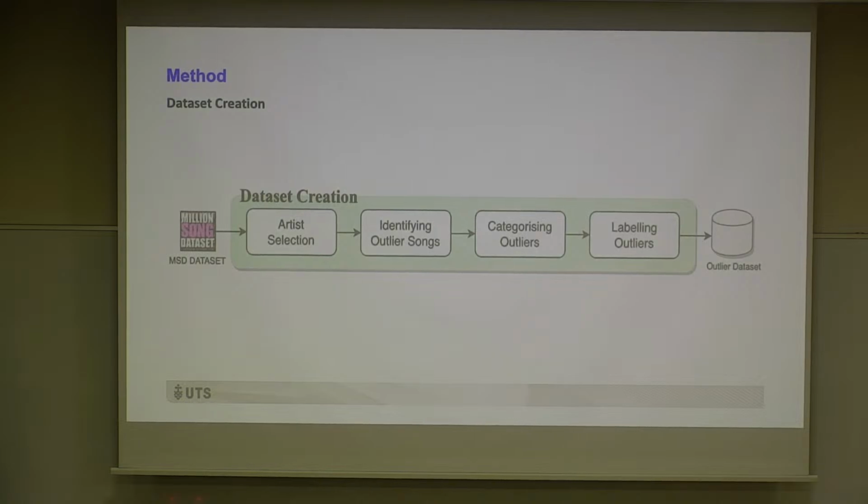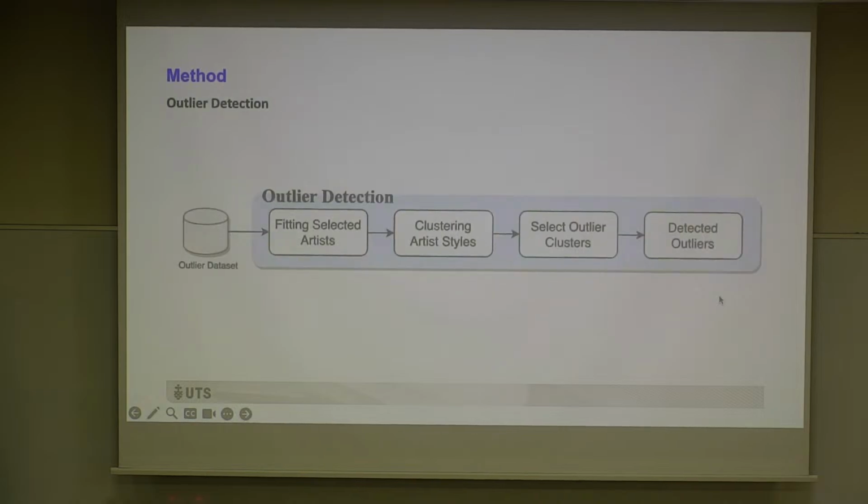In this case, we get an outlier dataset derived from the MSD. Then we fit the outlier detection algorithm, select the artist, analyze the artist's dominant style, select outlier clusters, and finally collect these outlier clusters for the later analysis process.